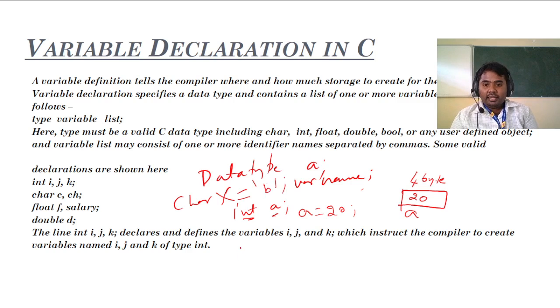It will create a memory block. Since char allocates only 1 byte of memory, 1 byte will be created, and the name of this memory location is the variable name, that is x, and the value for this variable is B. So the character data type contains a single character. Like that, even float and double will also allocate memory and store values.